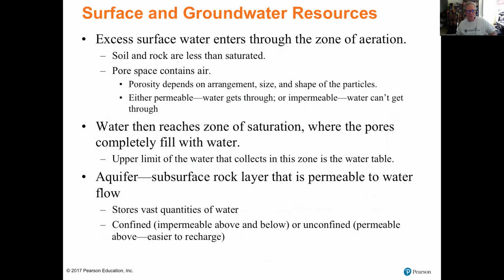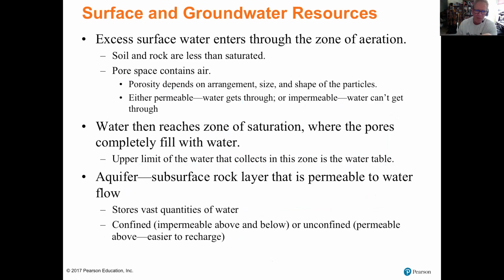Now, excess water enters through what we call the zone of aeration, that area right at the top of the surface. So it will infiltrate the surface and then percolate down, pulled down by gravity. And the porosity of the soil, the size and shape of the particles, kind of determine how much water can get down to groundwater levels.